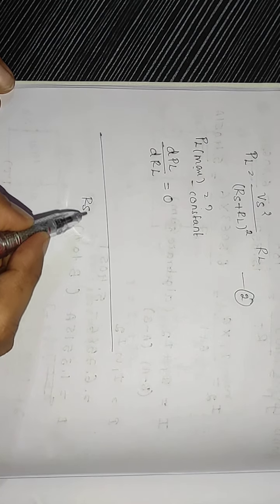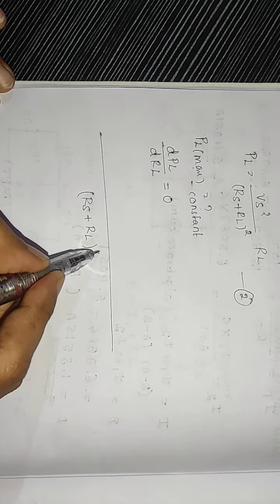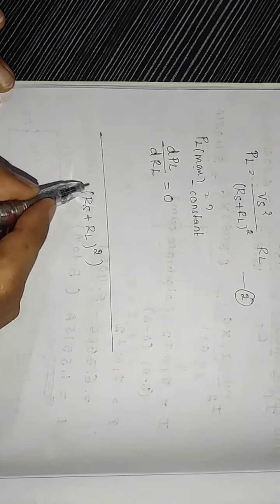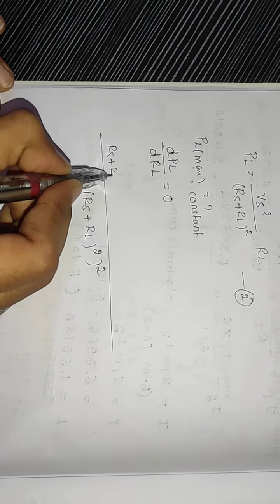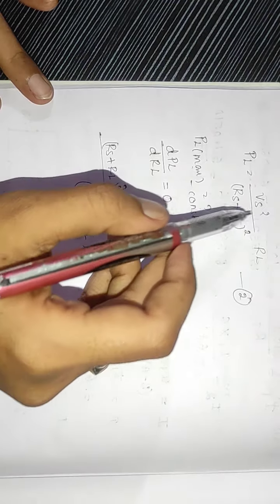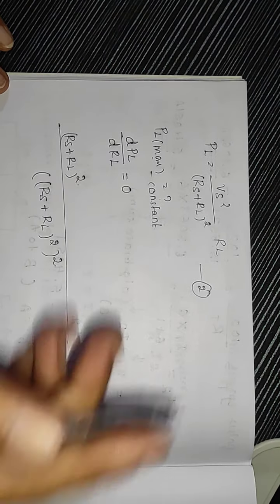Using the U divided by V formula, here applying the whole square, right? Okay, so here (RS plus RL) square. Differentiating the numerator: VS square into RL.